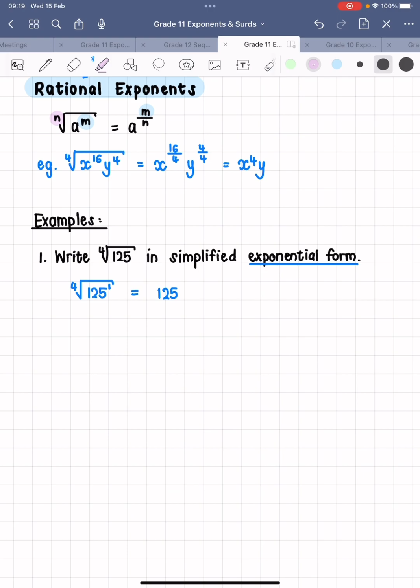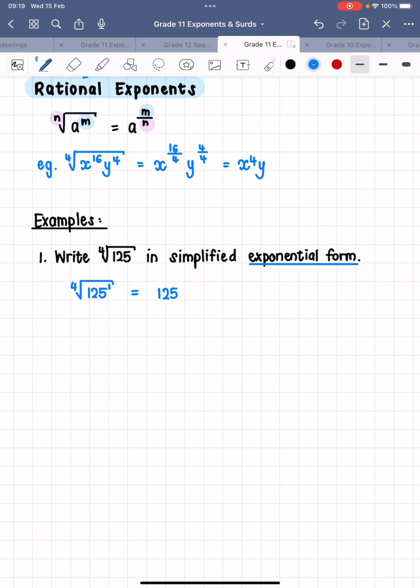The exponent on the inside of the surd, so m in this case, becomes the numerator of the rational exponent. And then the number on the outside of your surd, so n in this case, becomes the denominator in the rational exponent of your answer.